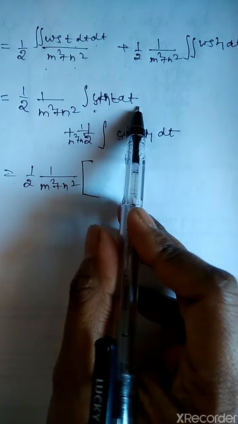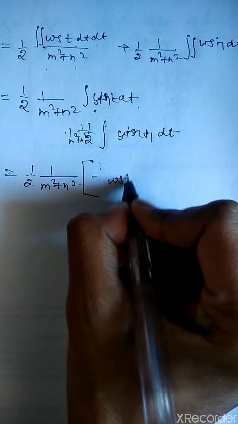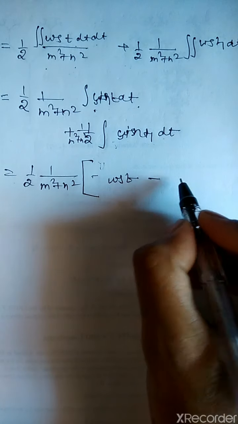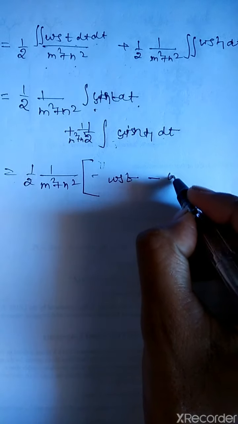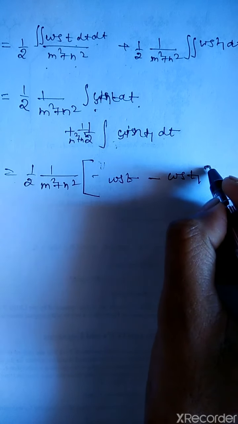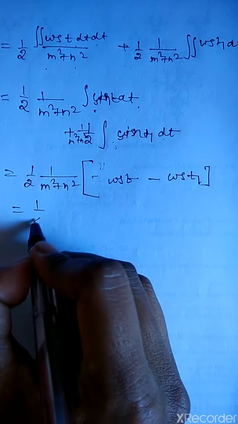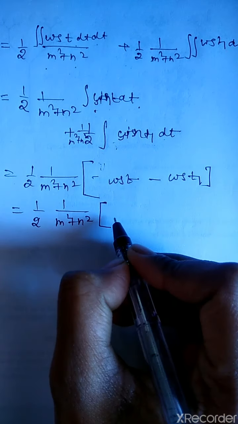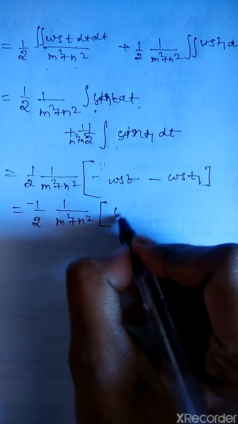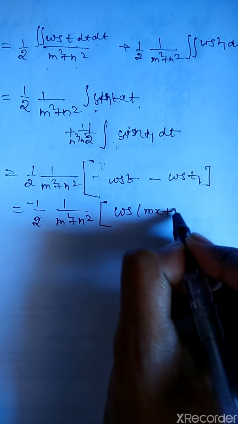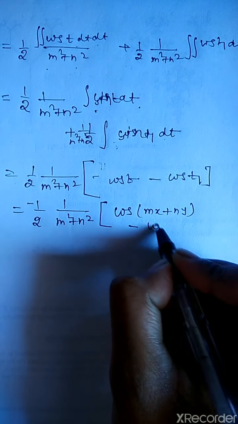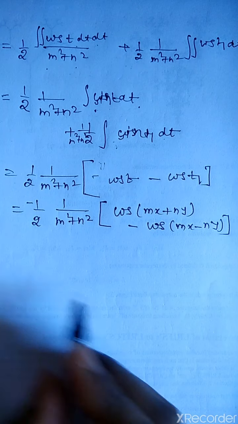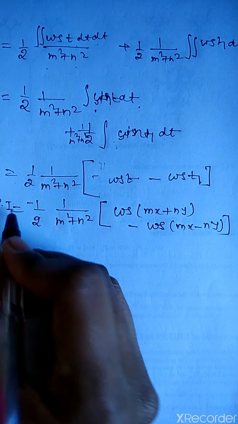While integrating this part we are left with minus cos t, and by integration of this part we are left with minus cos t1. So this is equal to half 1 by m square plus n square, minus taken as common, cos(mx + ny) minus cos(mx - ny). So this is our PI part.